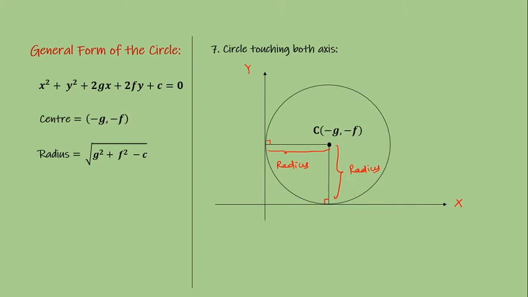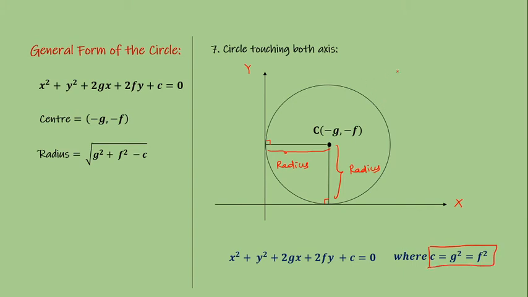Then in such cases, with reference to the previous theory, if I am writing the equation of the circle as x square plus y square plus 2gx plus 2fy plus c is 0, then c should be equal to g square is equal to f square. All these values must be same.